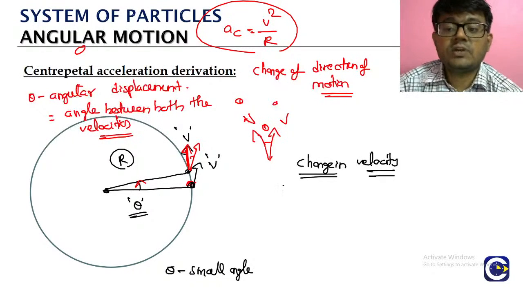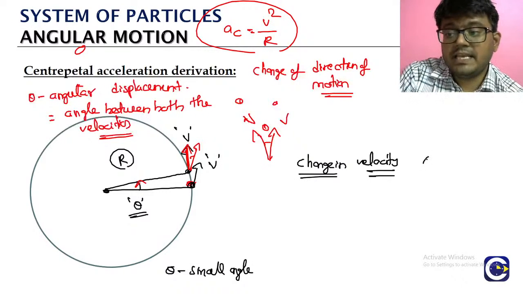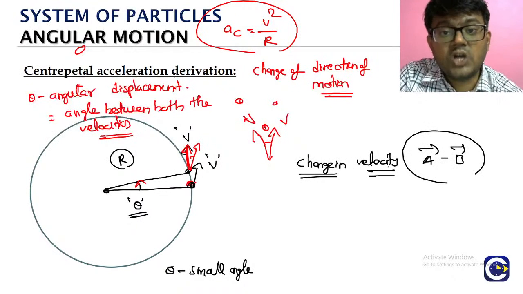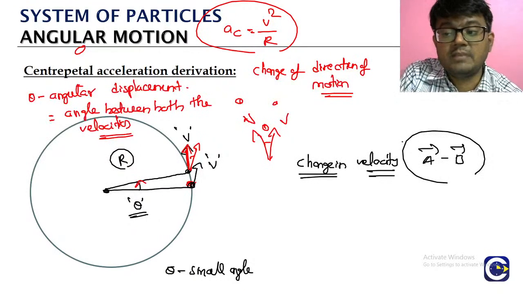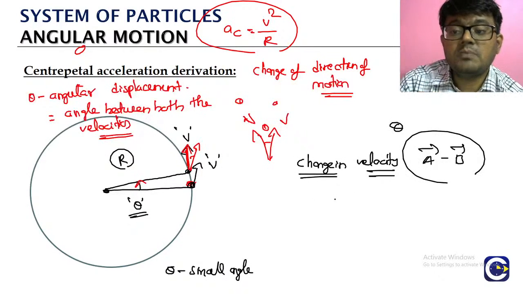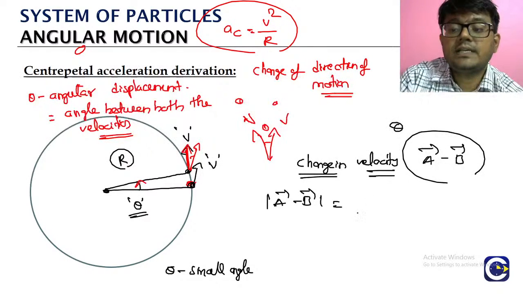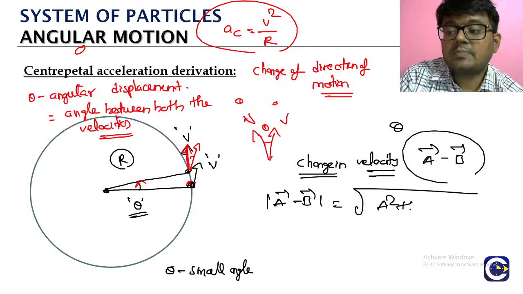The change in velocity. Velocity is a vector quantity. It is like a bar minus b bar. Remember? In vectors we talked about it. If you have two vectors a bar and b bar with angle theta between them, what is the magnitude of a bar minus b bar? It is root of a square plus b square minus 2ab cos theta.